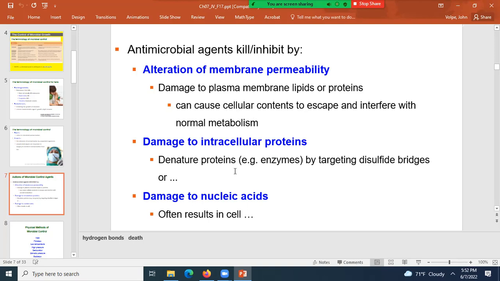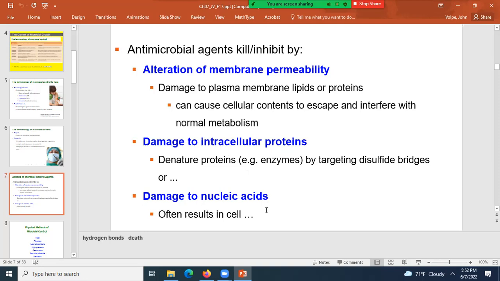Of course, ethanol can also damage the membrane, the cell membrane. Tetracycline is an antibiotic which damages the microbes' proteins. And so that would be one that only damages the proteins. Any question about that?